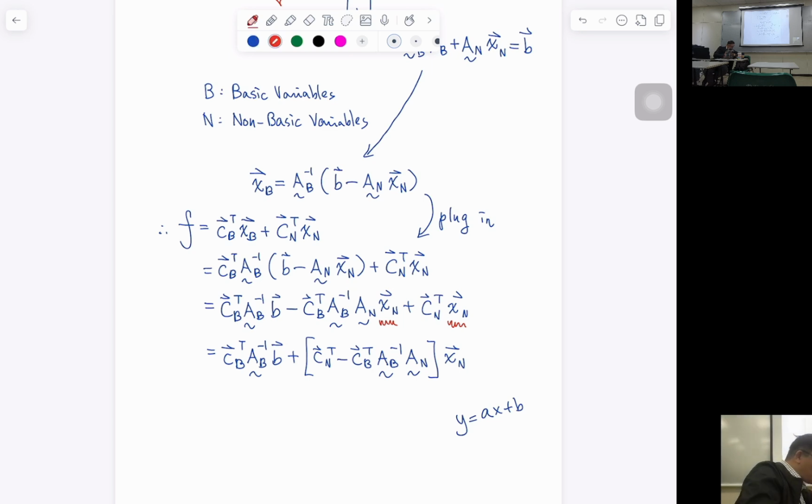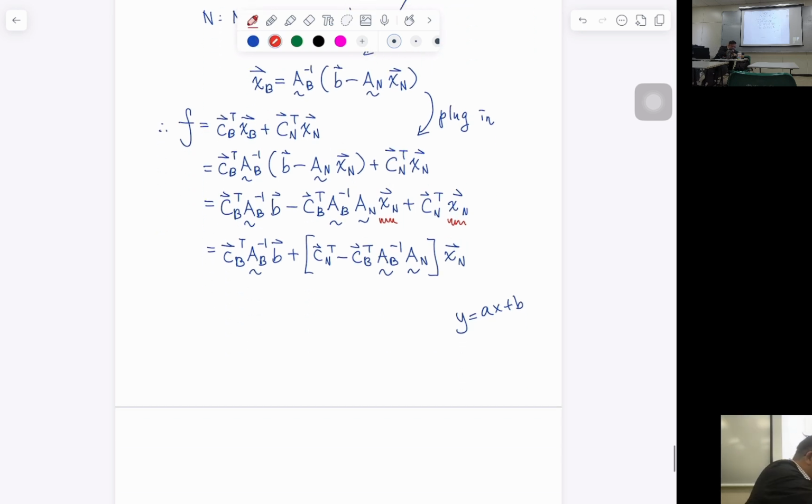So let's observe. These are just scalars. This is a scalar, they are just numbers. I put an S here because, no. Did I make a mistake?